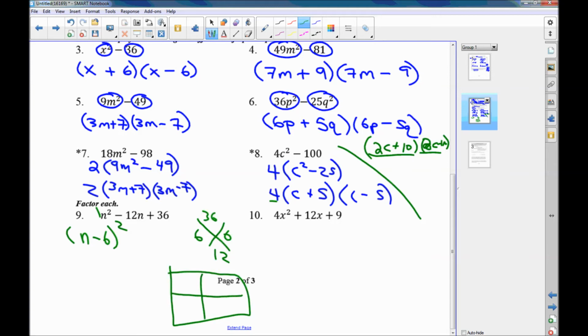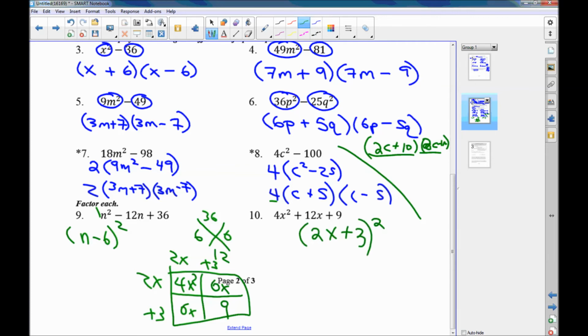And that's going to be 4x squared, 9, and then we split 12x into 6x and 6x. So this is going to give me 2x with a 2x plus 3 left behind. And then I need another plus 3 here to get 9, and 2x times 3 makes 6x, so I know I did it right. And that looks like we have 2x plus 3 twice, so instead of writing it twice, we write it once and put a squared on it.